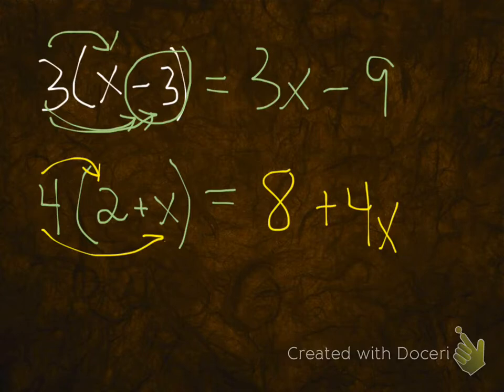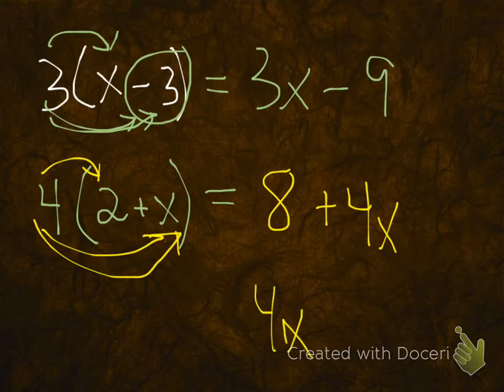The only little wrinkle or difference in this problem is that I put the variable in the second part of the parentheses, but it doesn't change the steps you have to do. 8 plus 4x is actually the same thing as 4x plus 8. Because with addition, you could certainly turn the terms around or switch the order, and it doesn't change the solution. It doesn't change your answer. So either way you wrote that one would be fine.